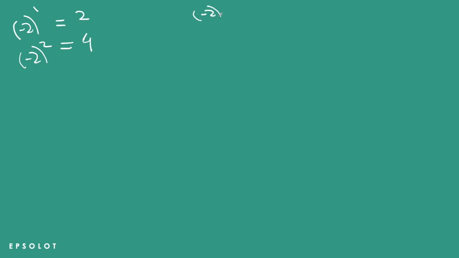On the other hand, minus 2 to the power of negative 1 would be 1 over minus 2, so minus a half, and minus 2 to the power of negative 2 would give me 1 over 4. So the answer itself is not the same, of course, but what we're talking about here is the signs of your numbers. As you can see, this is still a minus and that is a positive.